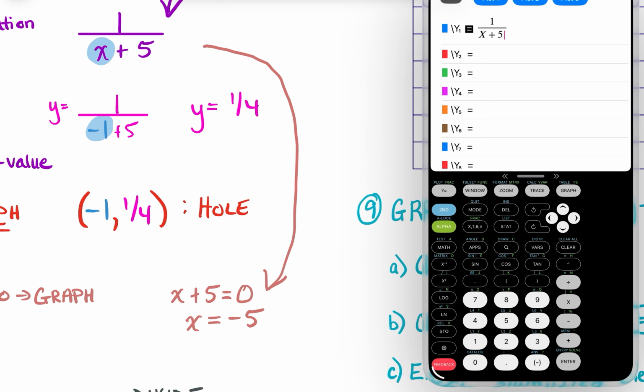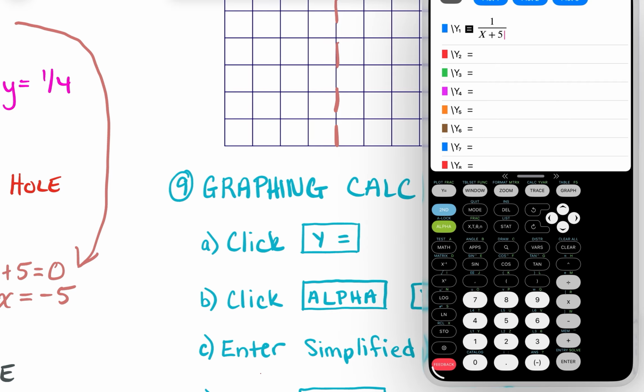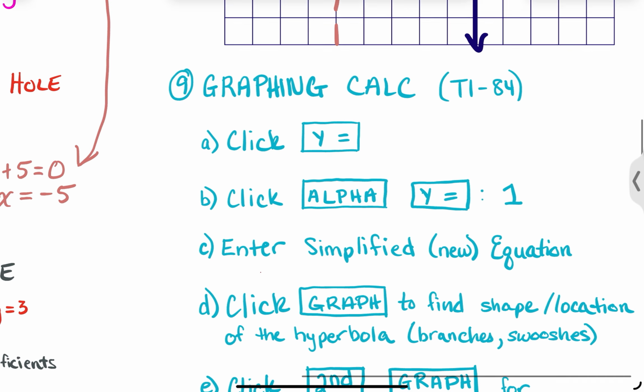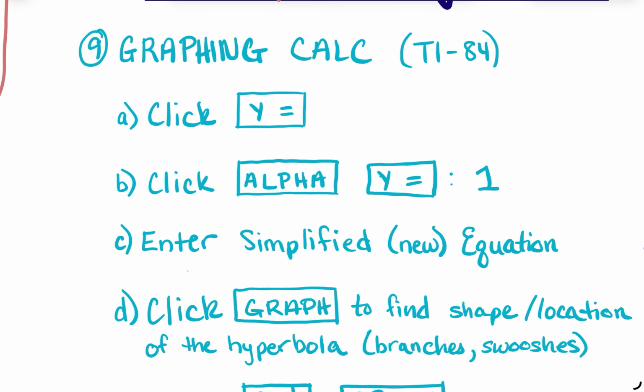Okay, now I like to tell students that before they do anything, we are going to click the graph so we can get an idea of what the shape or the location of the hyperbola, aka branches, swooshes, is going to be.